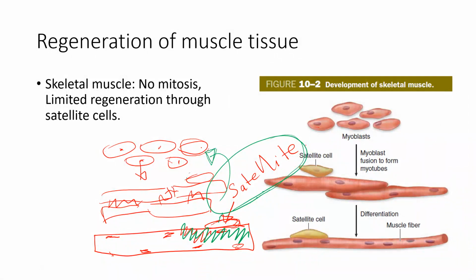And they will form skeletal muscles. This is effective in small muscle damages, but in large muscle damages, this may not be very effective, right? Because there is a limited amount of satellite cells.